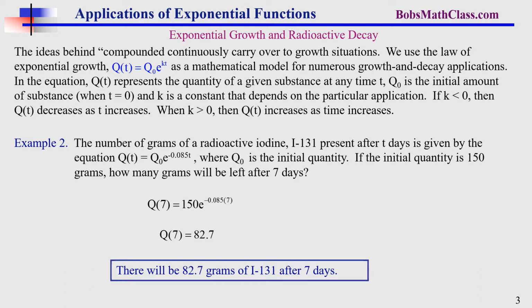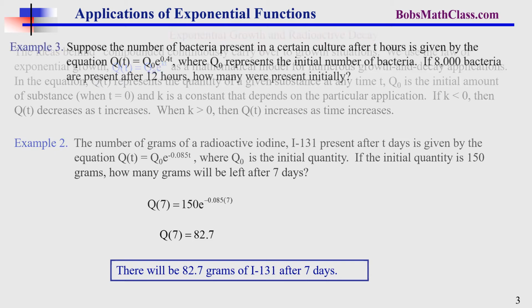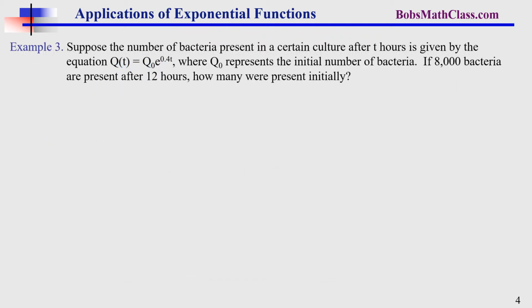All right, let's do another one. There's another problem, but it's worded a little bit different. So this is bacteria. This is a bacteria growth problem. There's our formula, Q of T equals Q naught e to the 0.4 T, and Q naught is the initial number of bacteria.